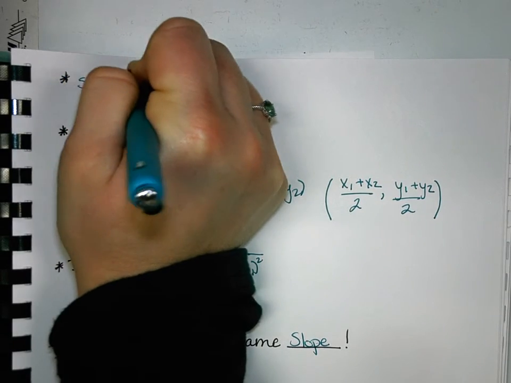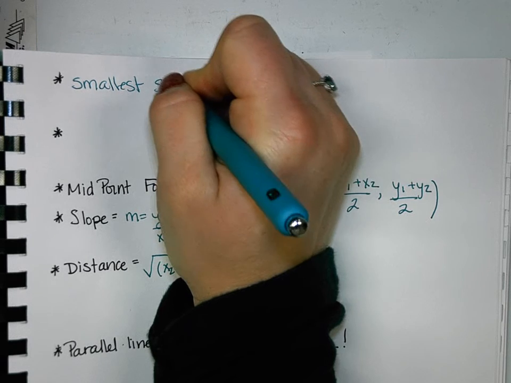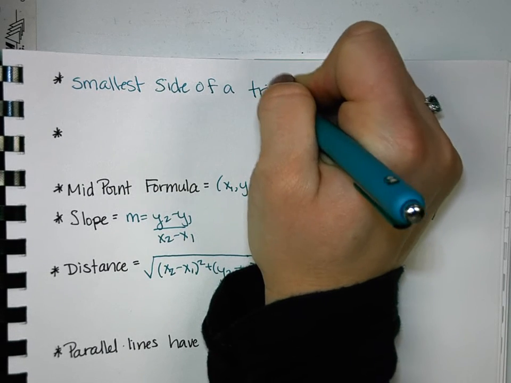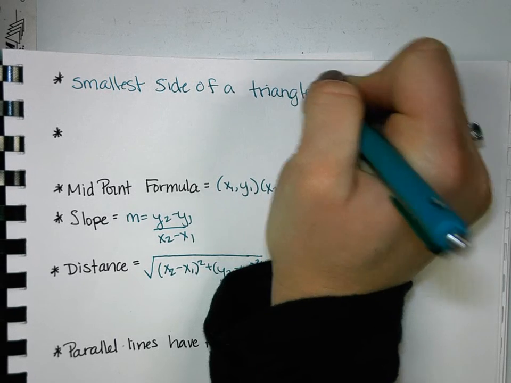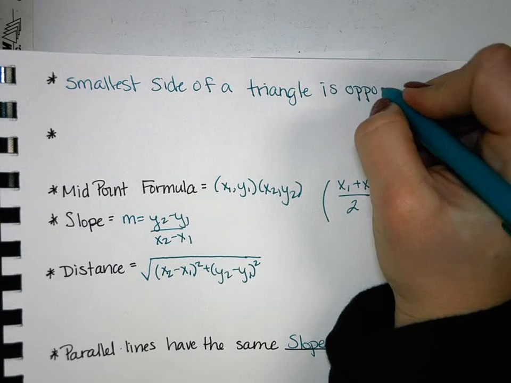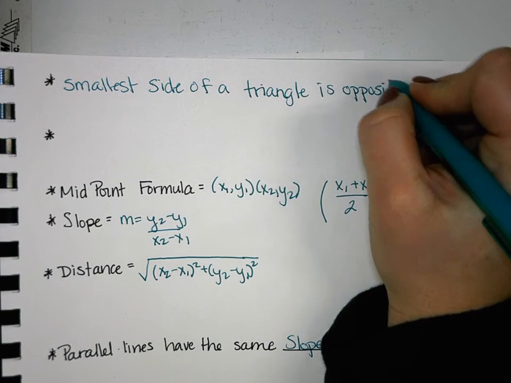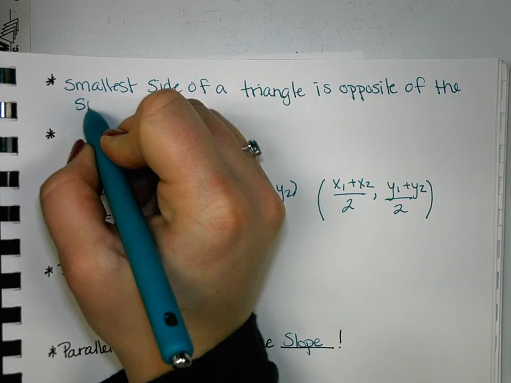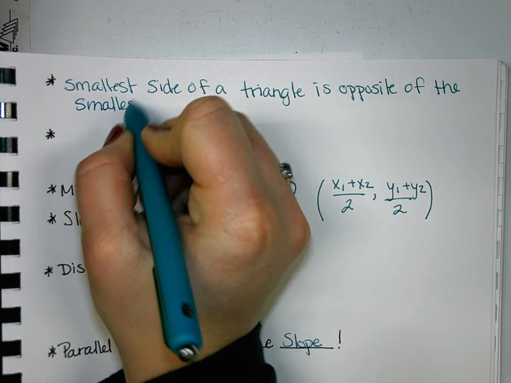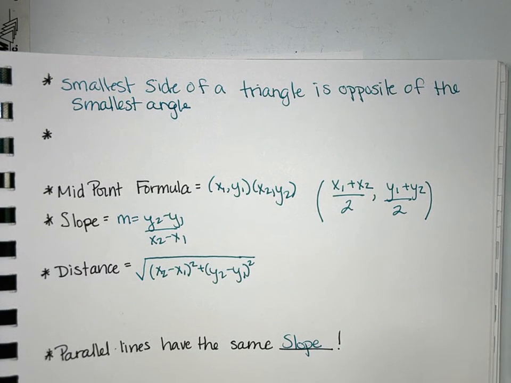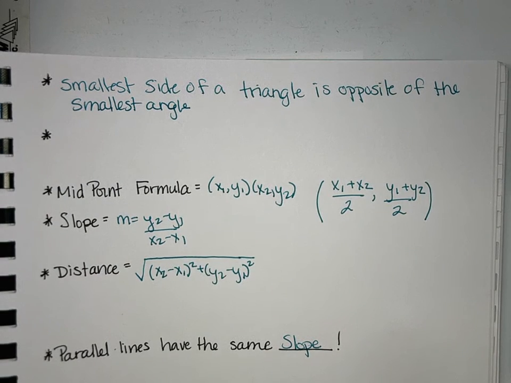The smallest side of a triangle is opposite, anyone remember how to finish this? Of the smallest angle. So smallest side is opposite the smallest angle.